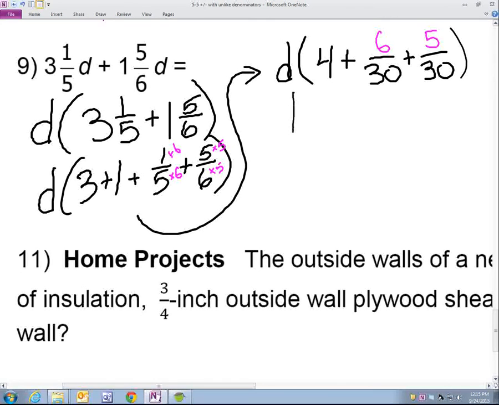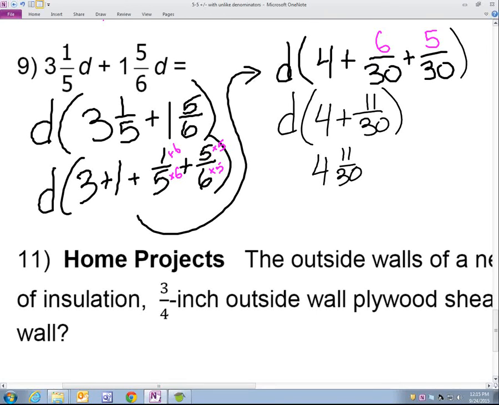So now I have D equals 4 plus 11/30, 4 and 11/30 times D, which is just 4 and 11/30 D.